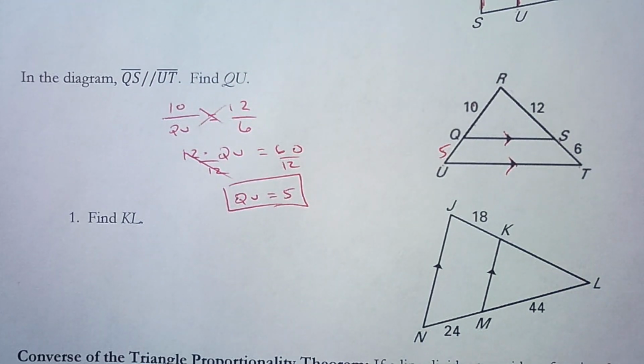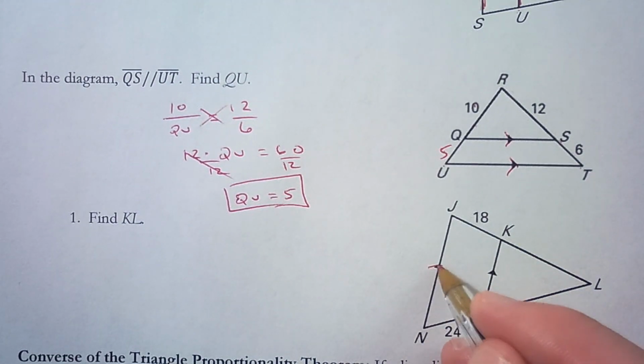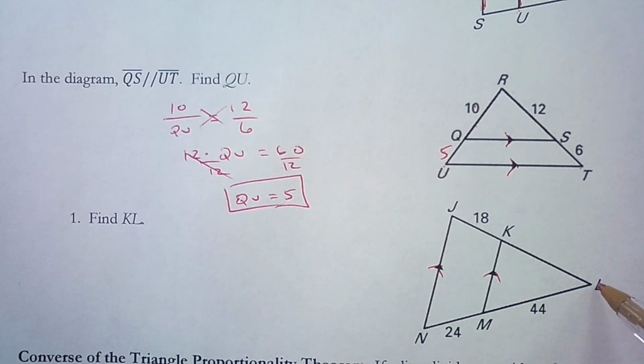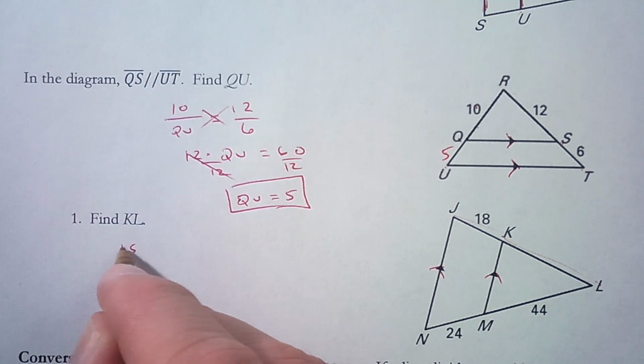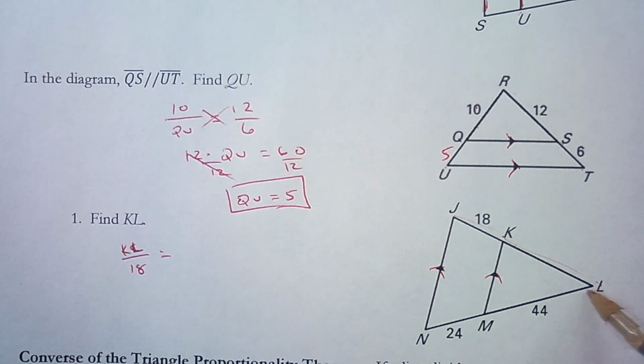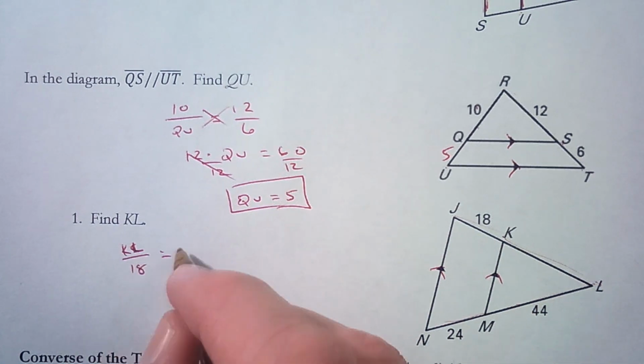Okay, so find the length of KL. So I've got my parallel sides here. So KL is to 18 as 44 is to 24.